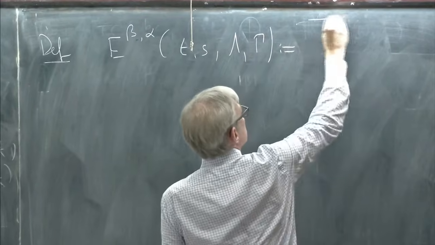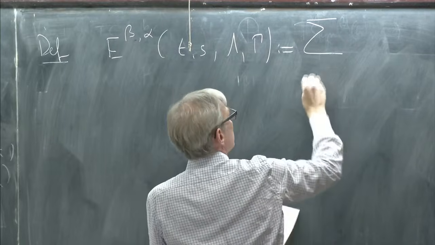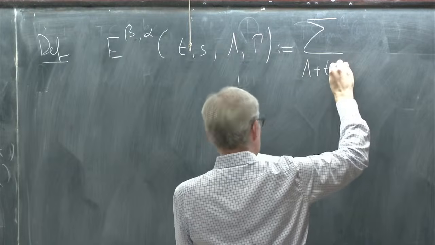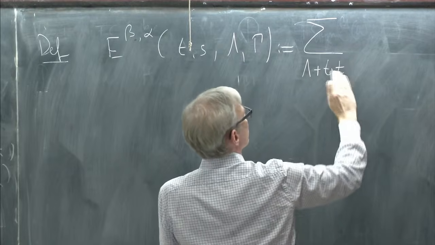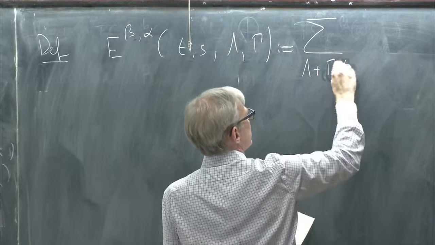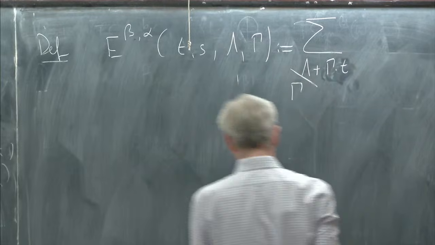This is the sum over lambda plus T, times gamma times T, divided by gamma.